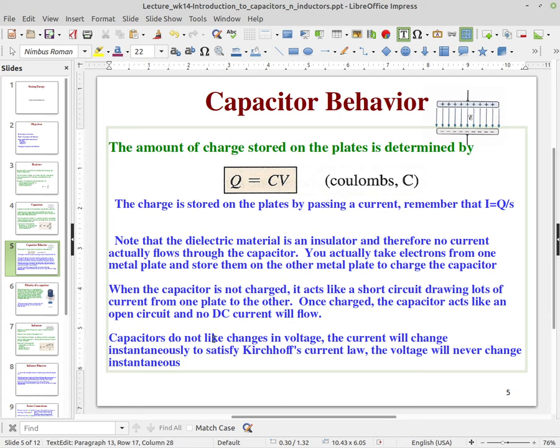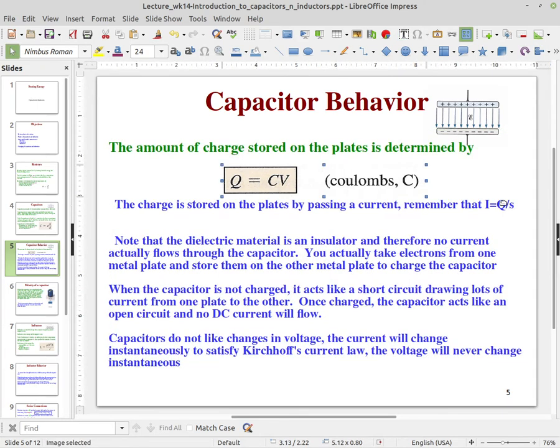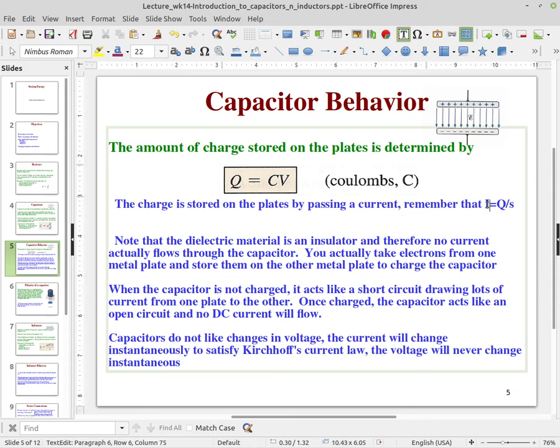All right, so capacitors don't like changes in voltage. You see the equation up here, the voltage is equal to how much charge you put on it. But as we already said, to move charge, that's a current, and it takes time to move charge.